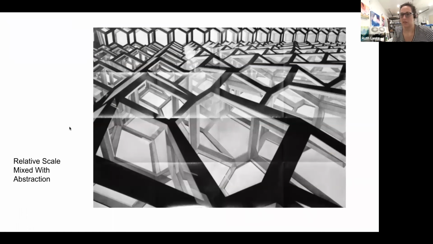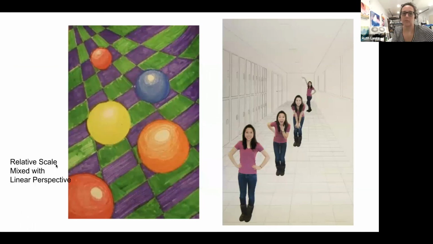And then you can also use it, it doesn't have to be real life objects. This could be more abstract, but these shapes are still going back into space. As they go back into space, they're getting smaller. And then this is more of a linear perspective, right?